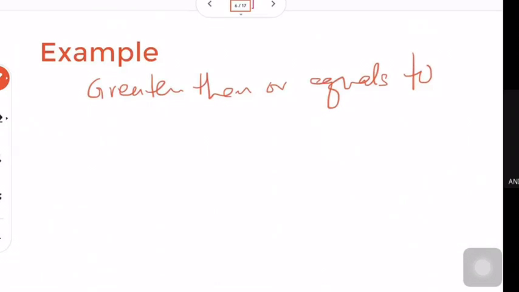Okay, to understand this, the values, the integers which are greater than or equals to 5. 6, 7, lagi 8, 9, 10, kan? So how do we write a number?